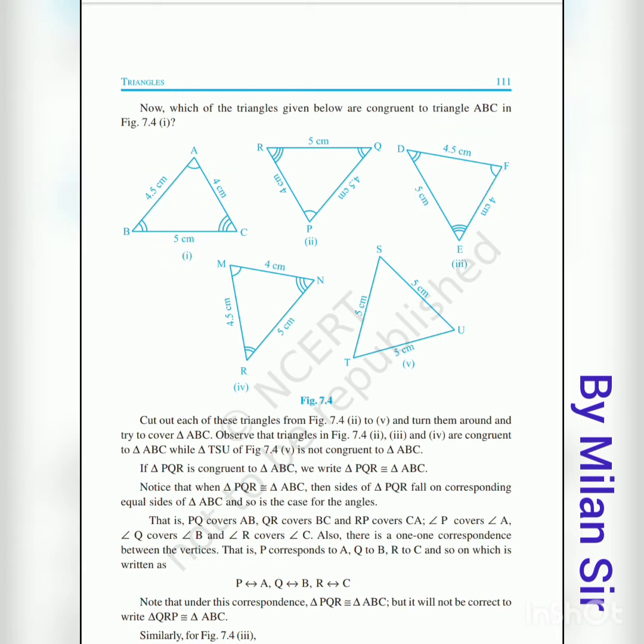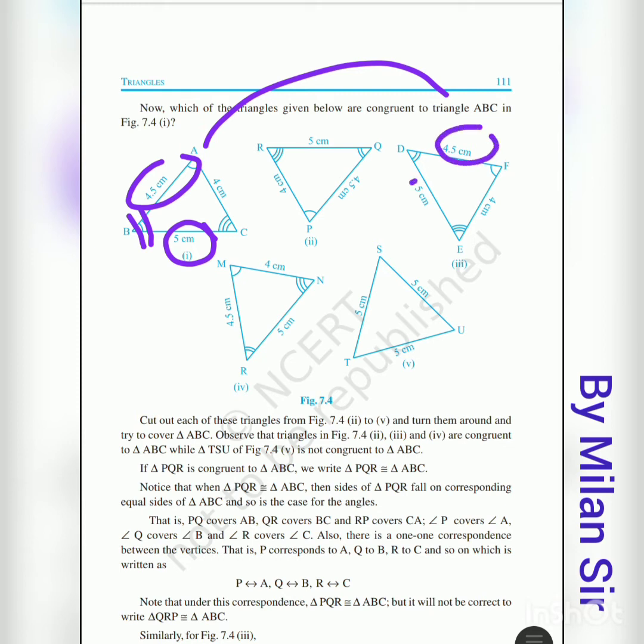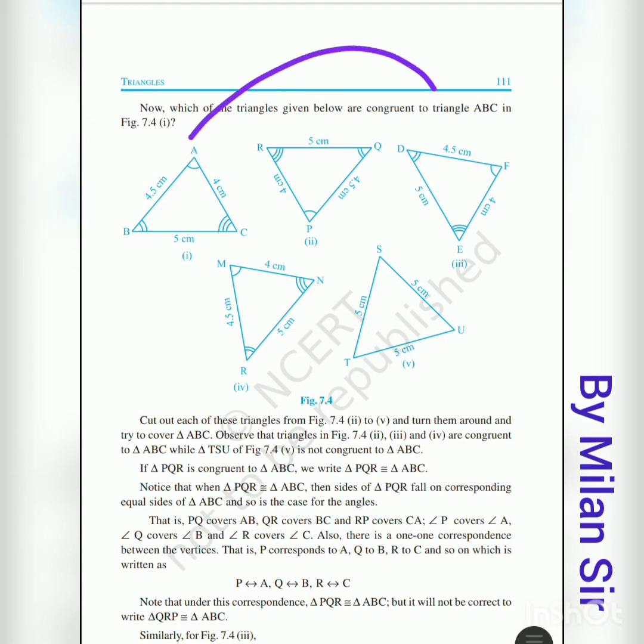If this type of situation is given to you, then we also need to check one more thing: the corresponding angles. Here in between 4.5 and 5 centimeter, we have the angle with two lines. So definitely these two triangles are congruent because three sides are the same and three angles are the same.